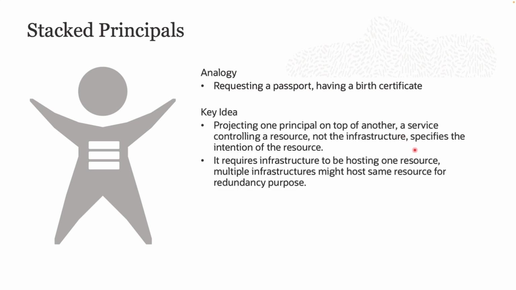The key idea here is that you are stacking one principal on top of another. So you have the birth certificate and then you get a passport. That means a service controls a resource that specifies the intention of the resource. A good example here in OCI can be a database, which can make a call to the object storage service to keep the backups.